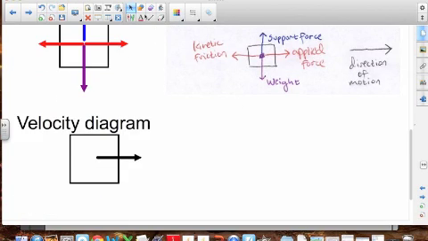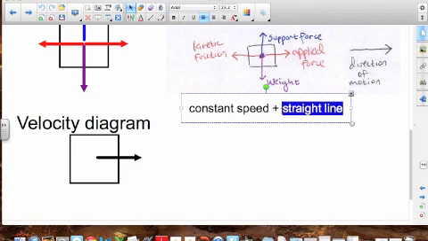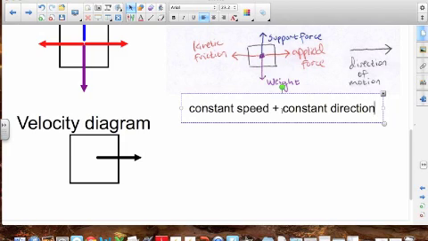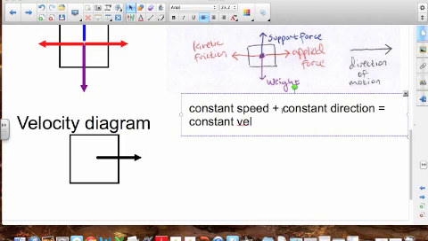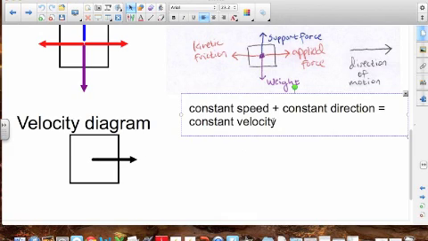So if the sled is going at a constant speed, and it's traveling in a straight line, and of course a straight line means that it's traveling in a constant direction, I hope that at this point you realize that this implies that the object has a constant velocity vector, because the size of the velocity is not changing, otherwise it would be a non-constant speed, and the direction is not changing, otherwise it would not be going in a straight line. So this sled has a constant velocity.